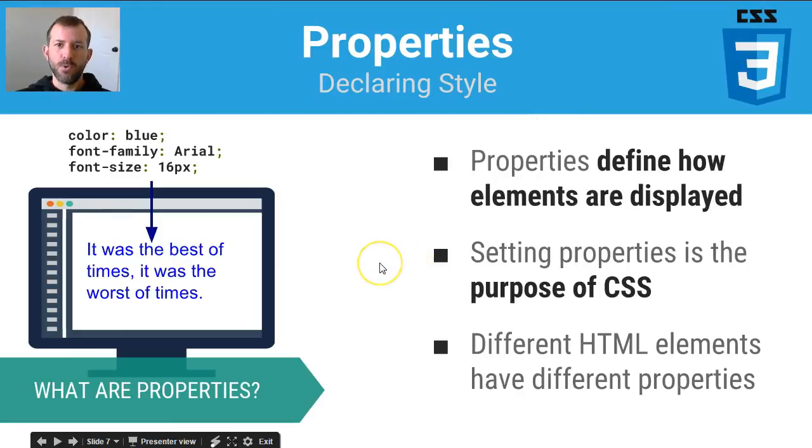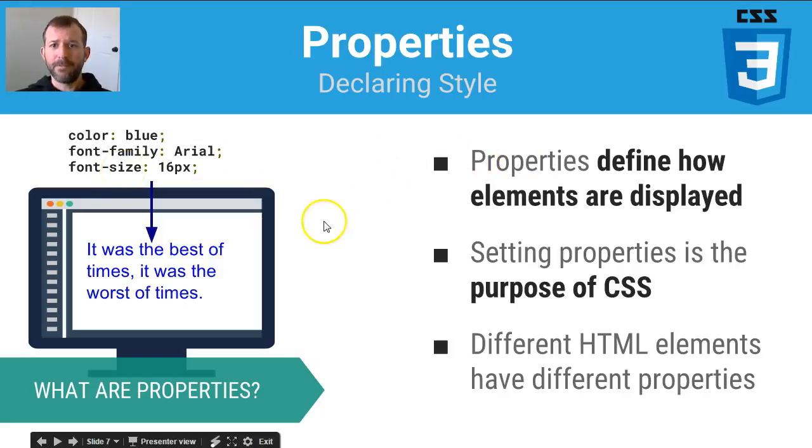So CSS rules are made up of properties and values. What happens is for any element you put on the page, you can set a number of different properties, and you can set those properties to different values. So here's an example. I have some content on the page. I can change the color property, the font family property, the font size property.